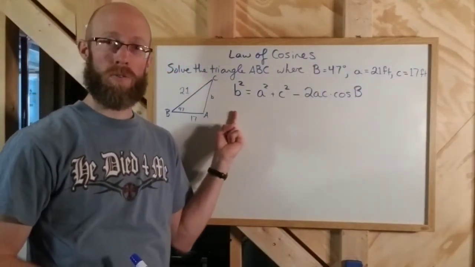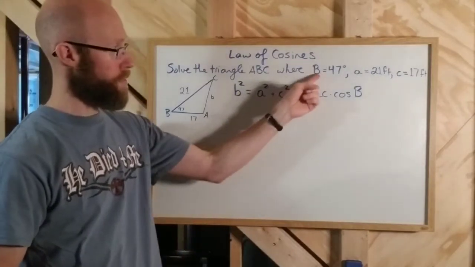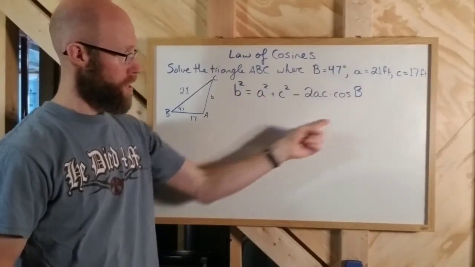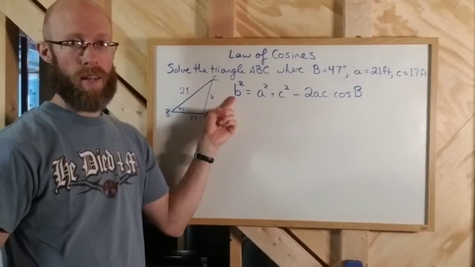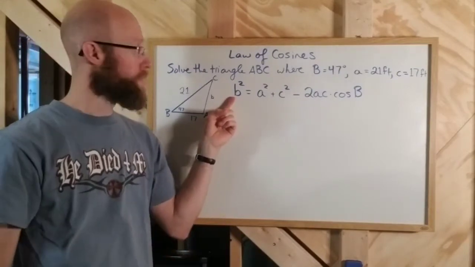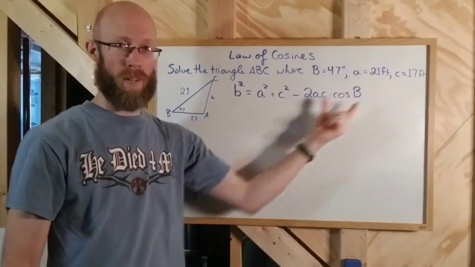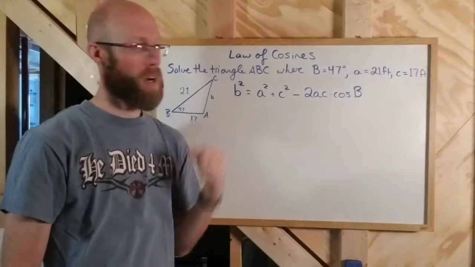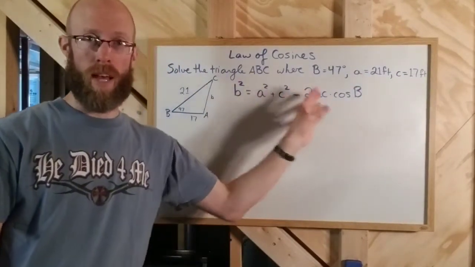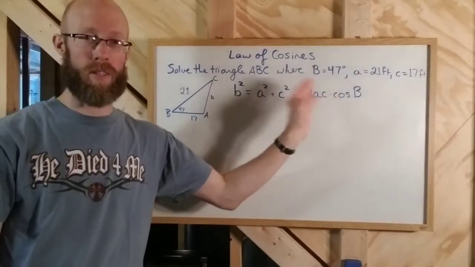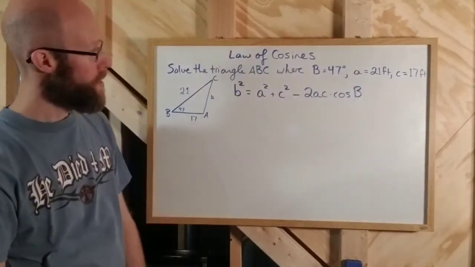So the law of cosines, like I said, will have whatever angle you're given, start with the opposite side on the other side. And then your A and the C, which are the ones that are given, go on the same side as the angle B.